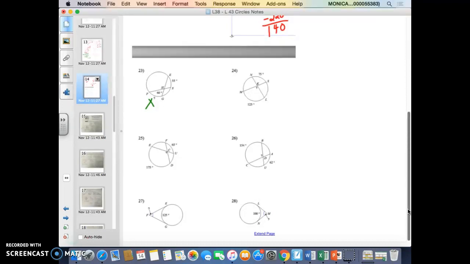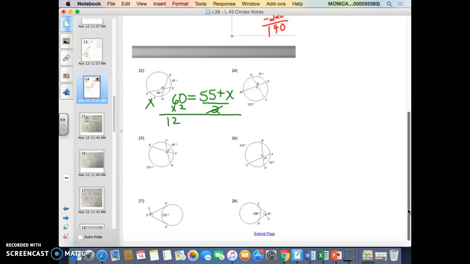So for this one, you know that 60 degrees is going to equal 55 plus x divided by 2. So the first thing you're going to do is multiply this side by 2 because it's division, so the inverse is times 2.